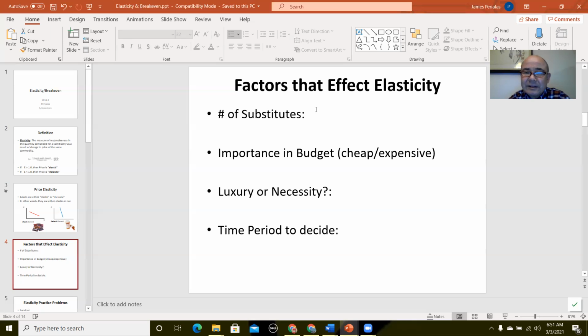I always love using the example of table salt. If you buy table salt at the store, it comes in those containers about the size of a pop can. It's got the little girl with the umbrella and the rain suit on it, Morton salt.